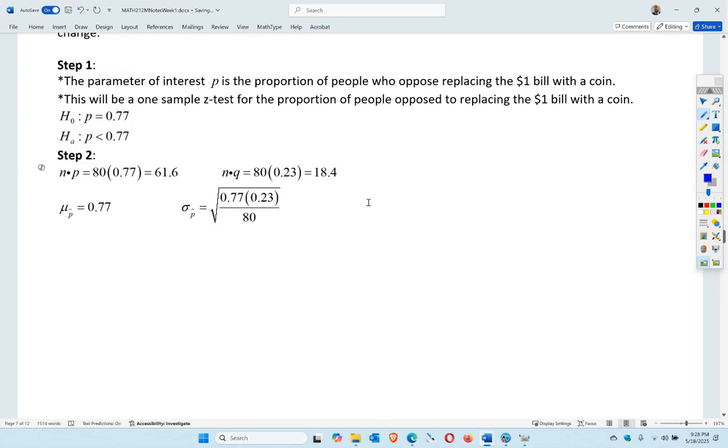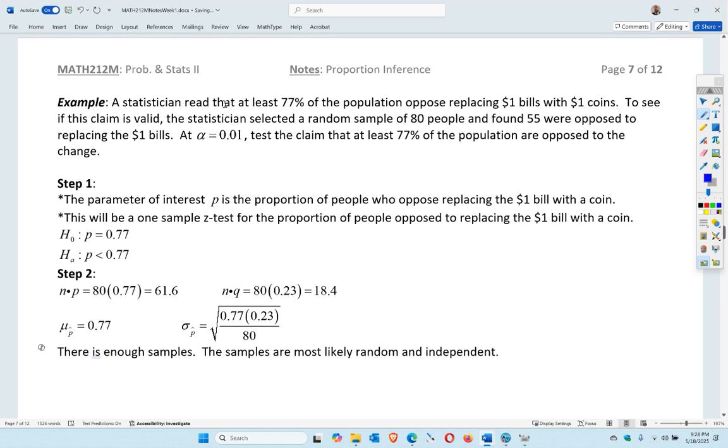Okay. So there are enough samples. The samples are most likely random and independent. There's no reason to believe otherwise.